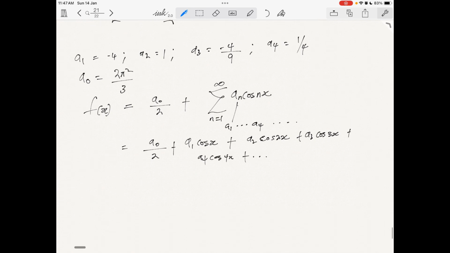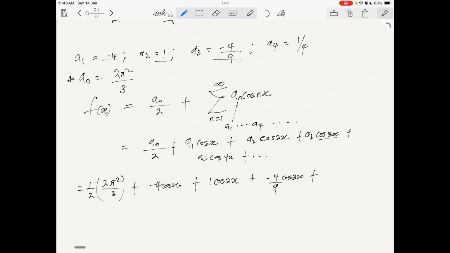So we substitute our value for a0, and we substitute our values for a1 down to a4. So a0 is 2 pi squared over 3, divided by 2, plus a1, minus 4 cos x, plus a2, 1 cos 2x, plus a3, minus 4 over 9 cos 3x, plus a4, 1 over 4 cos 4x.